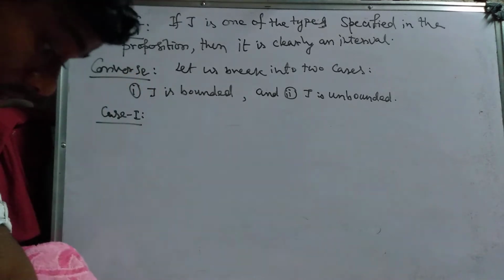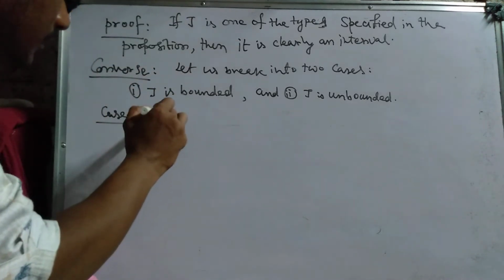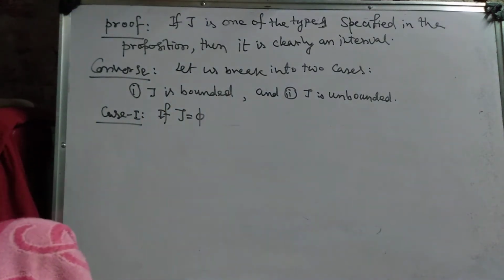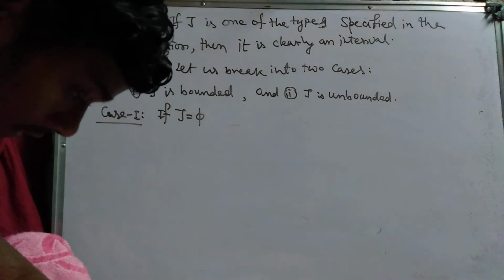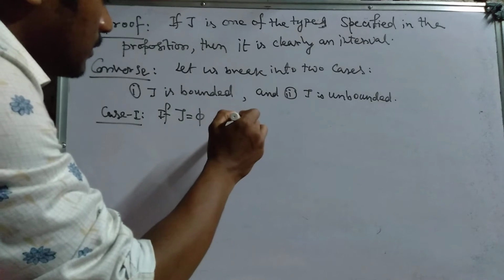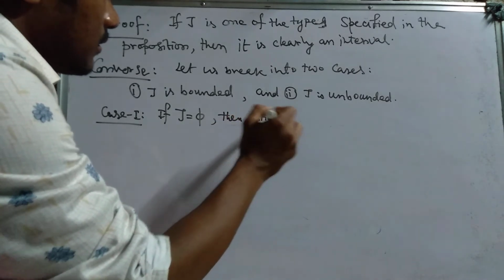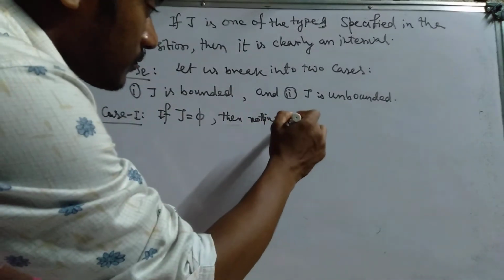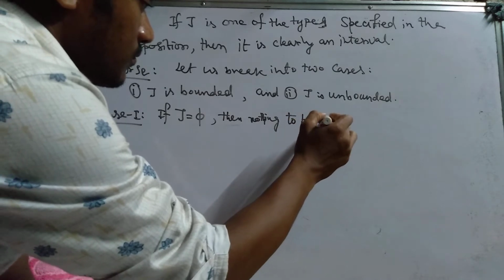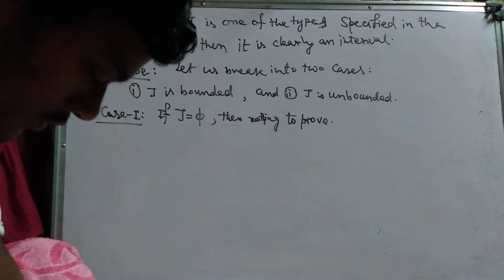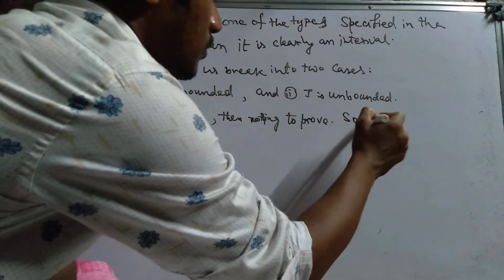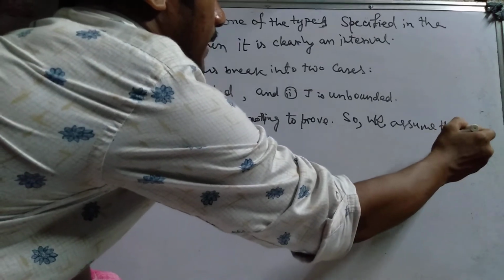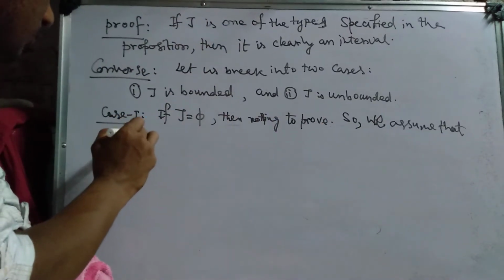If J equals the empty set, then there is nothing to prove. So we assume that J is non-empty, that is, J is not equal to the empty set.